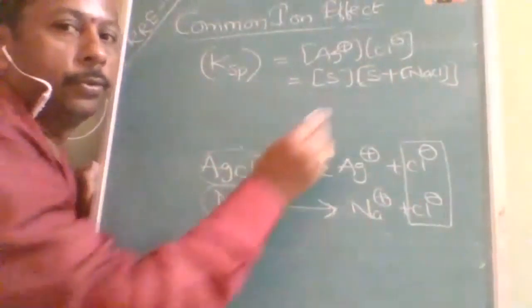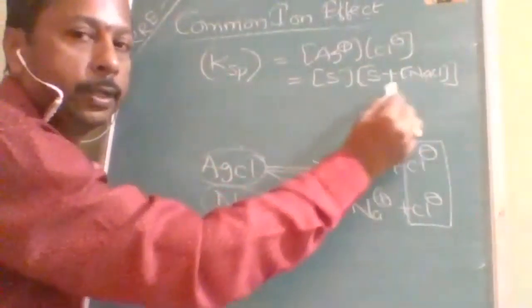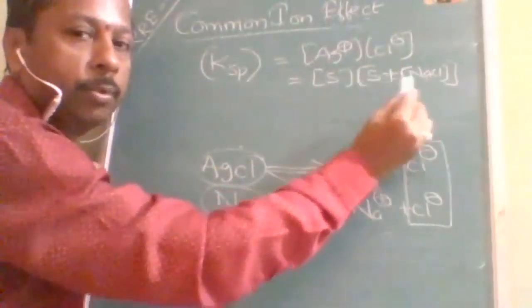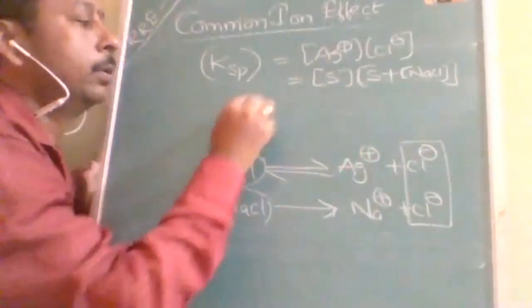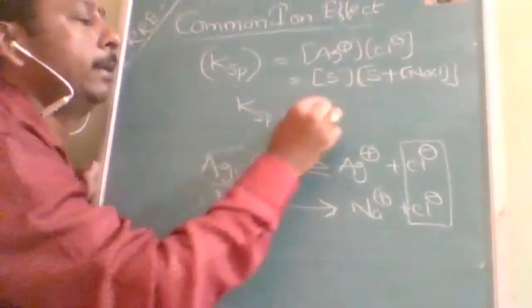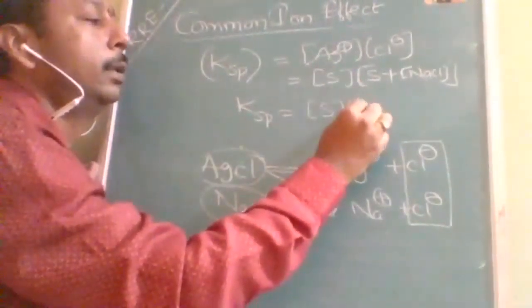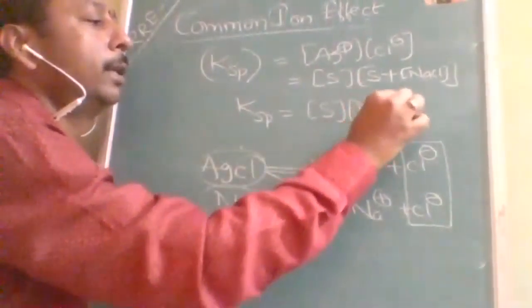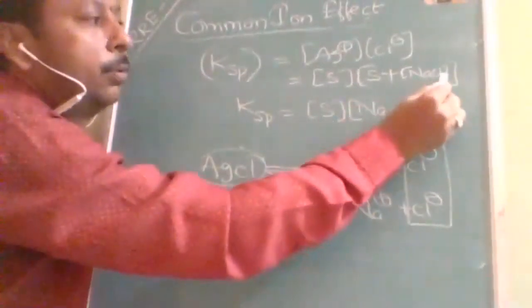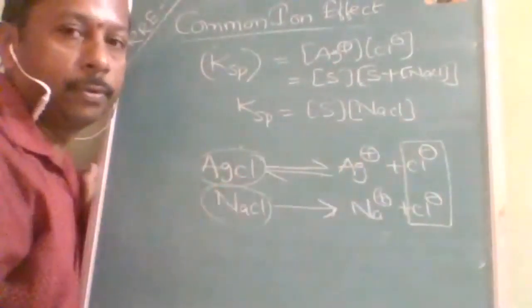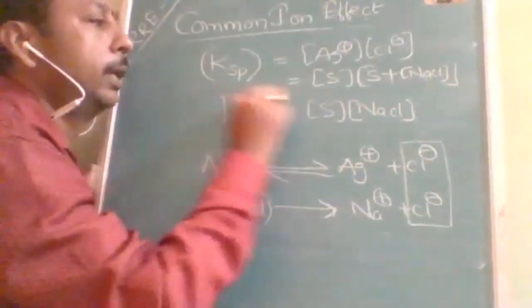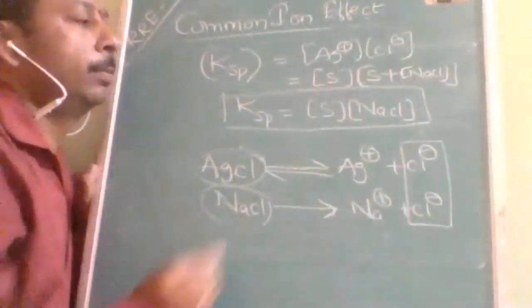So this we can neglect, since the addition is there and this value is smaller, this value is larger. So Ksp is equal to the solubility of AgCl into the concentration of NaCl. Suppose 2 is there, then you have to multiply by 2 also. Understood?